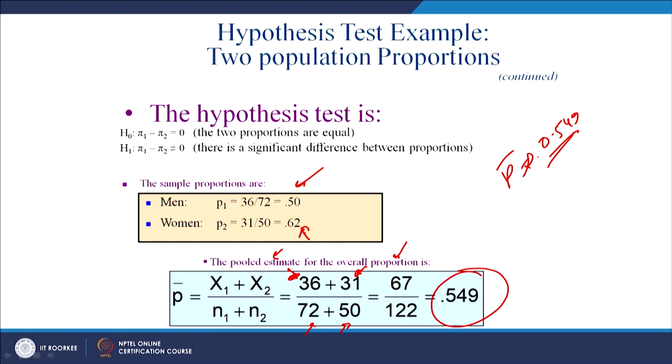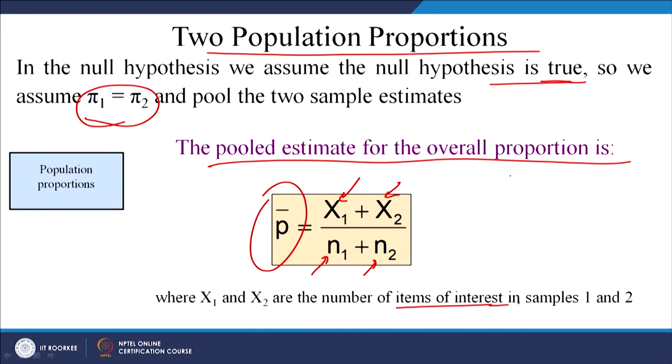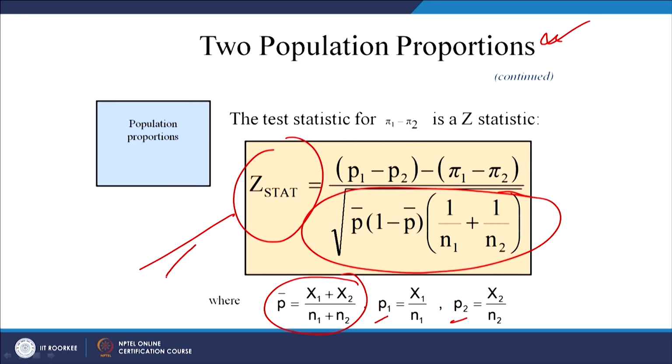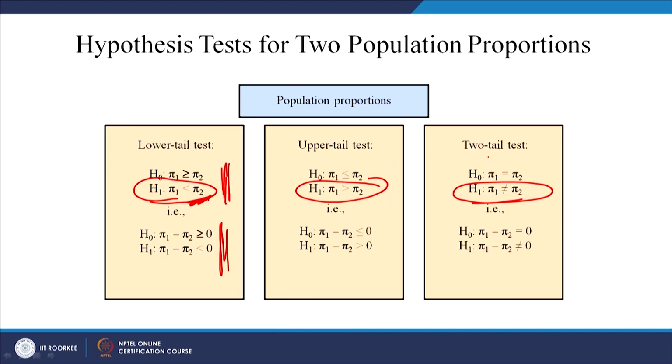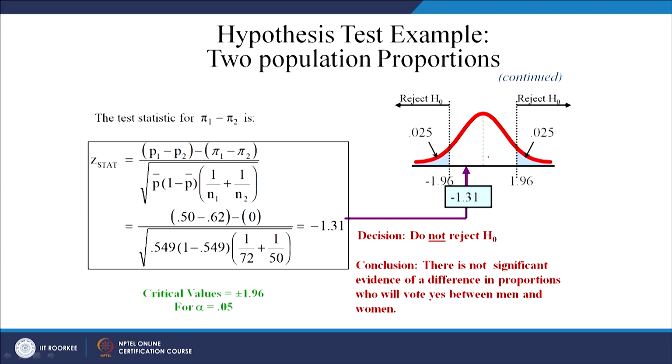Now, since you have got P bar, you have got P1 and P2, you have got N1 and N2. So, you just put these values over here and calculate Z statistics. Of course, you will have to put pi 1 minus pi 2 is equal to 0, right, because they are same. So, this is what you have done, pi 1 minus pi 2 is equal to 0.